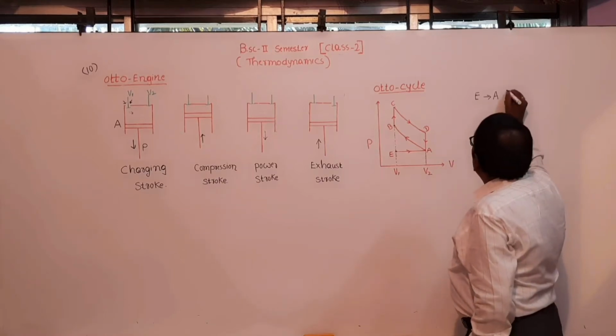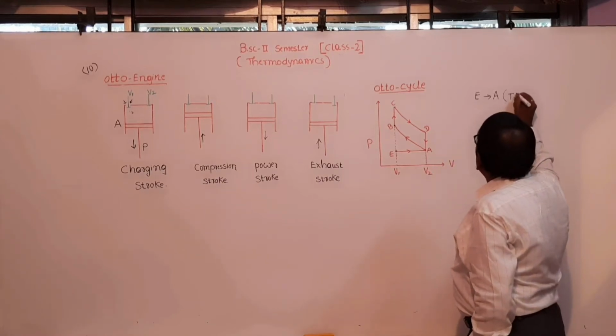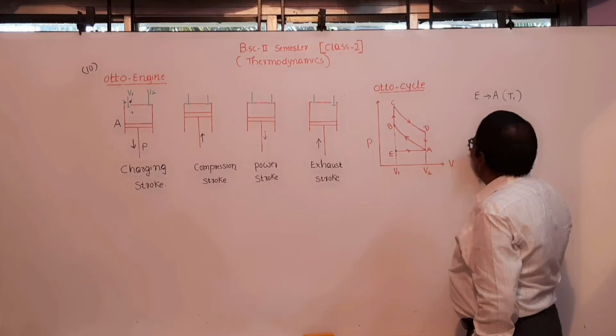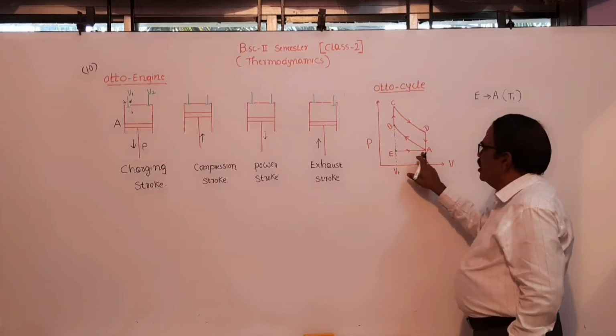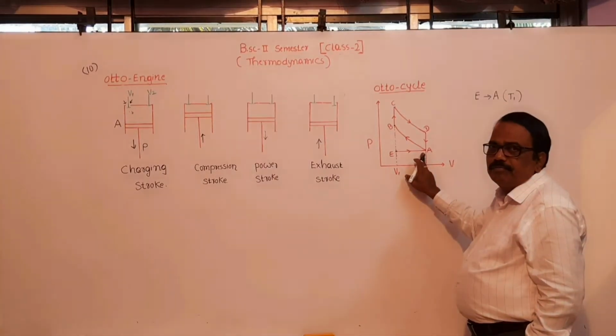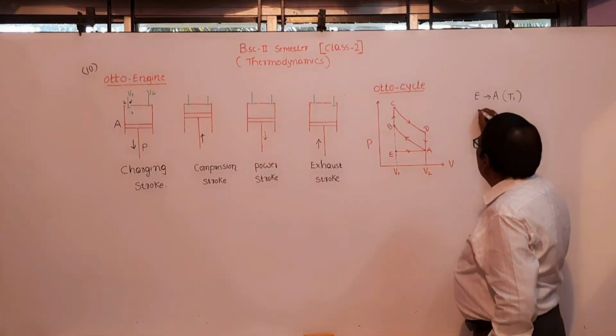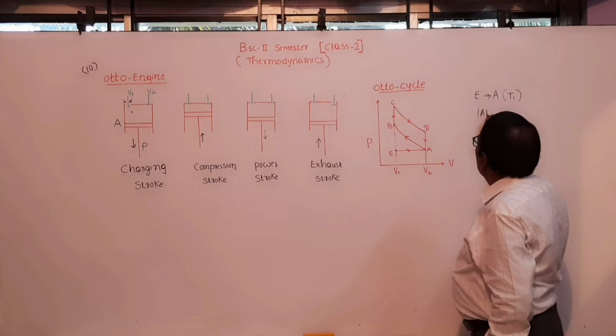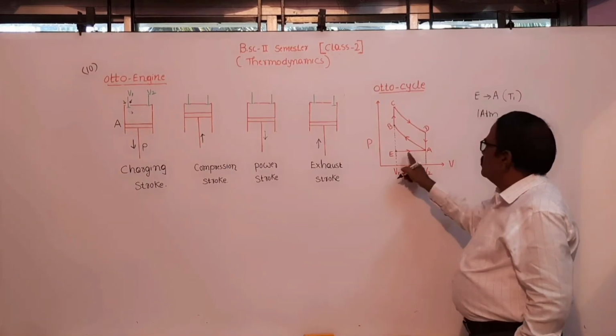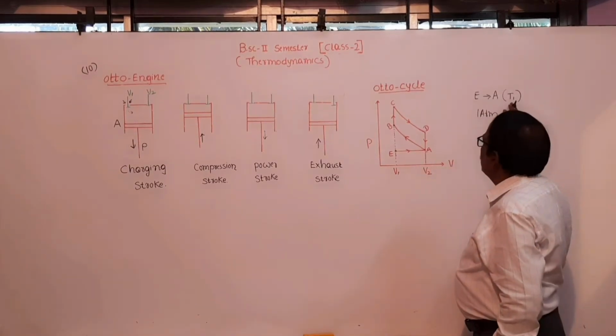The temperature at A is T1, and the pressure reached is 1 atmospheric pressure at point A.